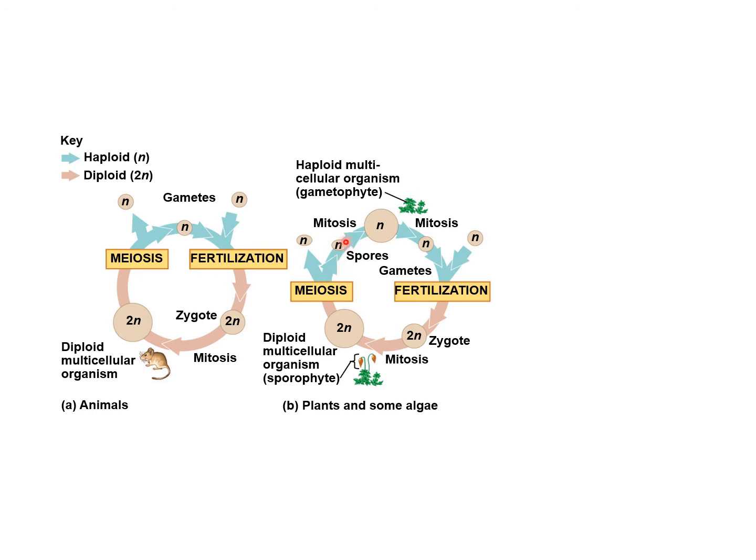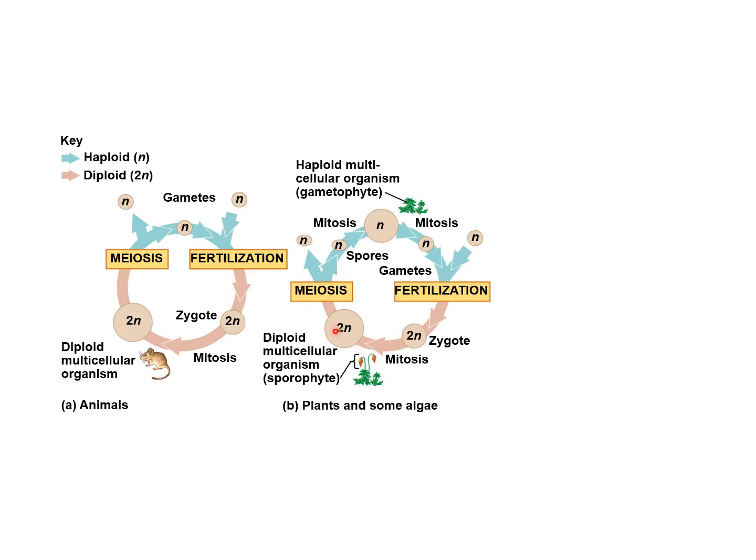Those spores will live as haploids, and those spores can actually grow and develop by mitosis and create what we call a gametophyte. A gametophyte is a haploid multicellular structure that then will release cells that will undergo fertilization to create this sporophyte.